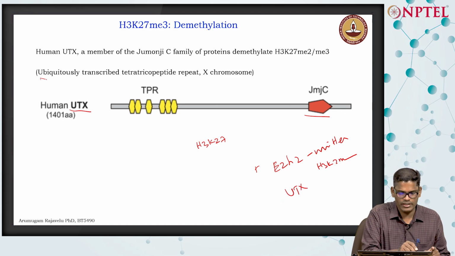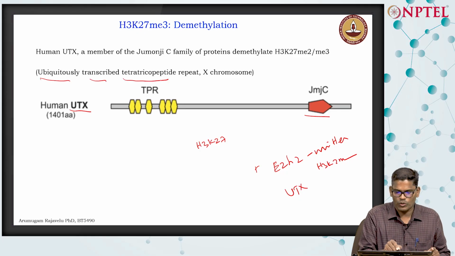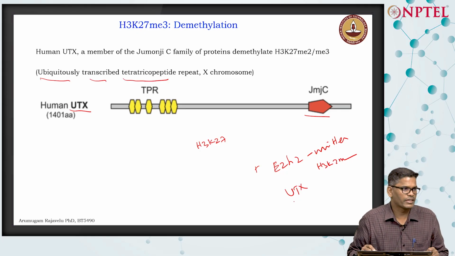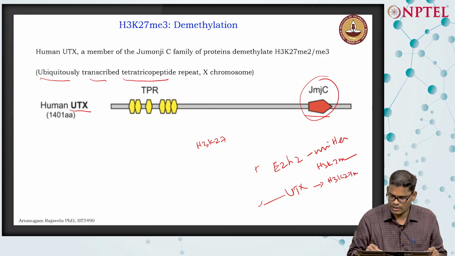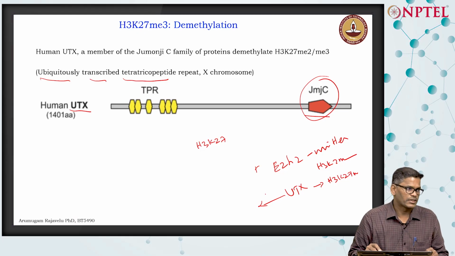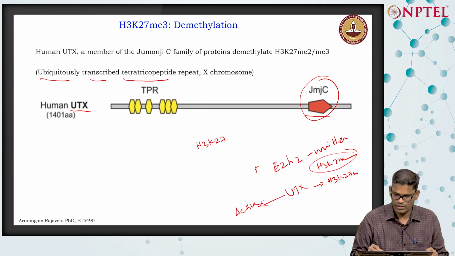UTX is ubiquitously transcribed tetratricopeptide repeat protein, which is present on the X chromosome. UTX has a Jumonji domain, which specifically demethylates histone 3 lysine 27 Me3. So it is an activator complex because it removes the repressive epigenetic modification. UTX is an activator complex.